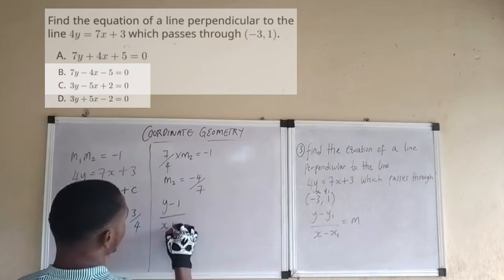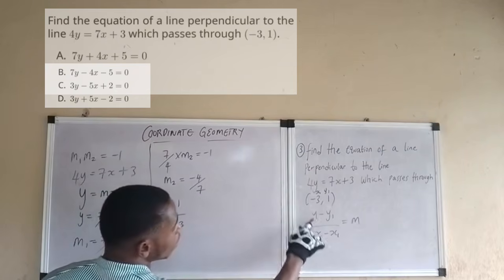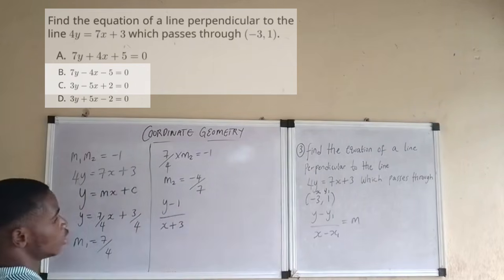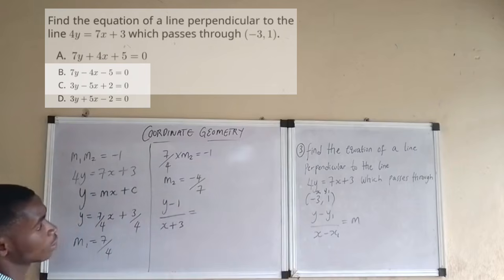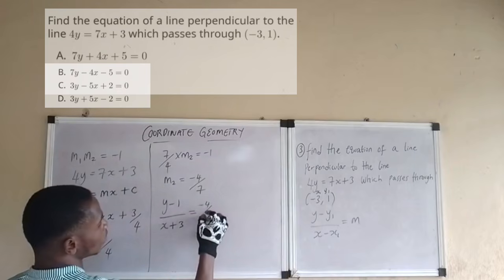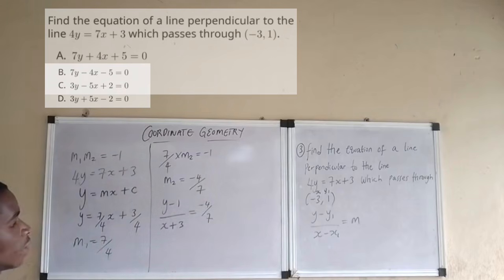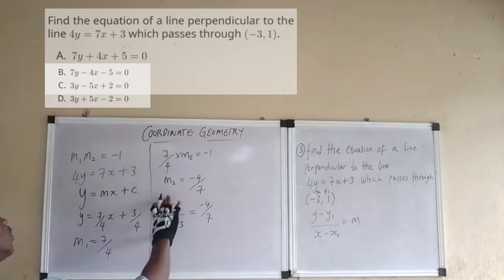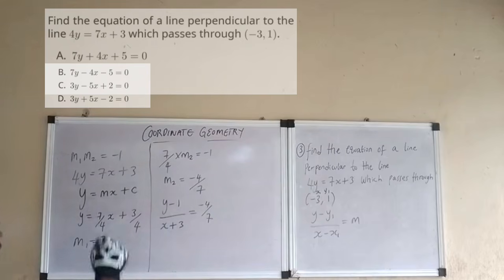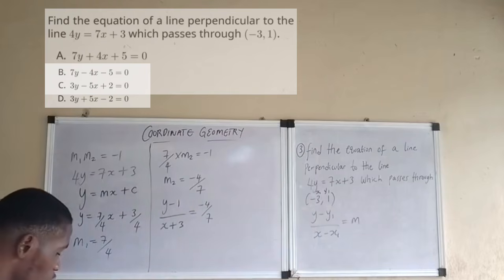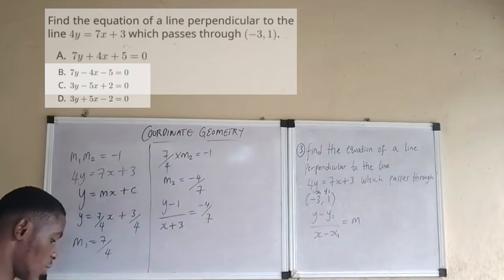So minus 3, that's plus 3. Do you understand? Equals to what? Minus 4 over 7. M is minus 4 over 7. So we are going to cross multiply and also express this in the form of y equals mx plus c. Do you understand? That's what we are going to express it in.